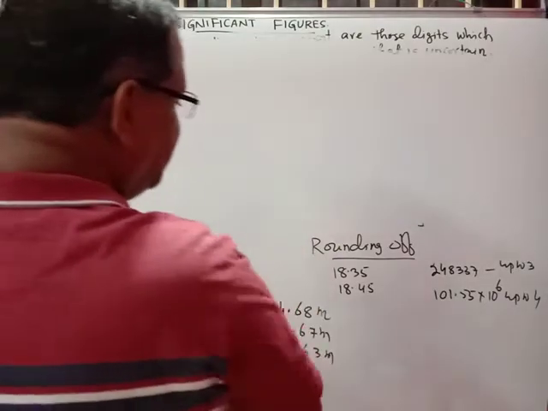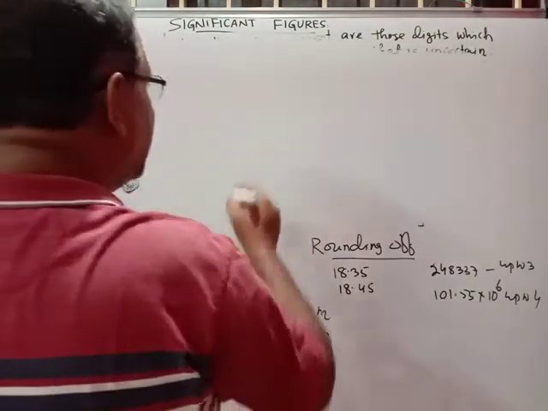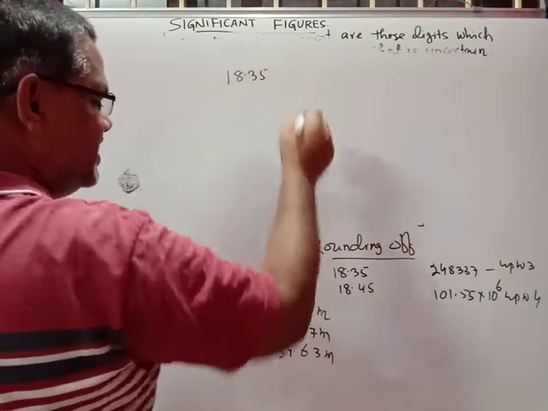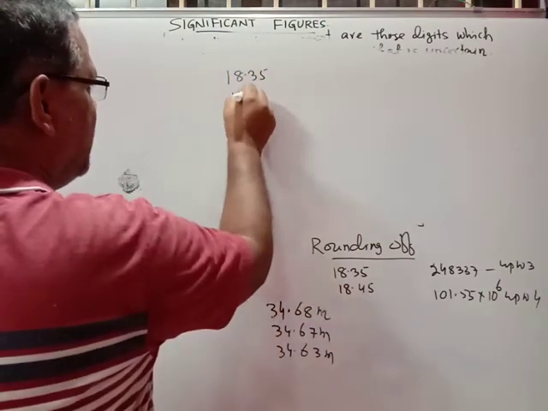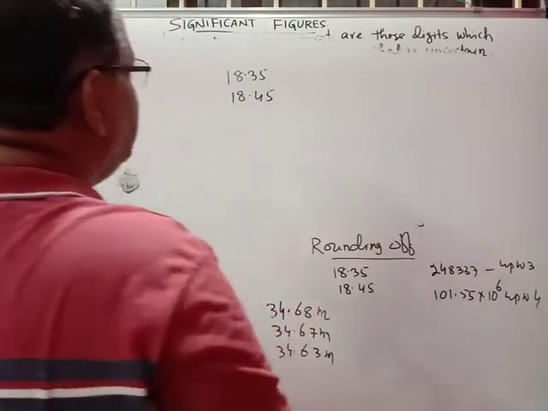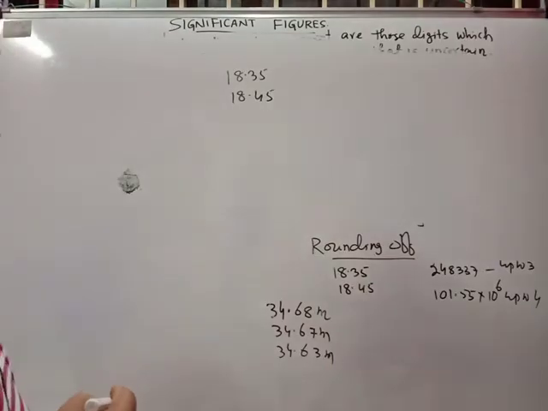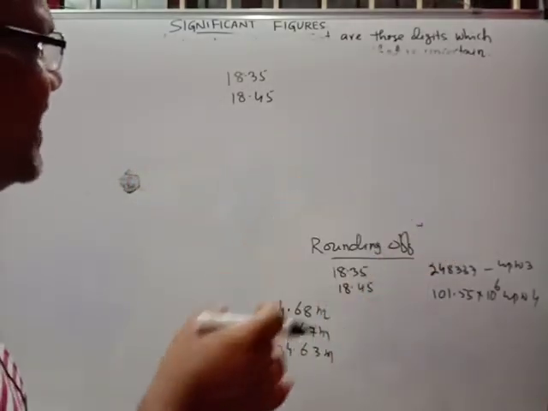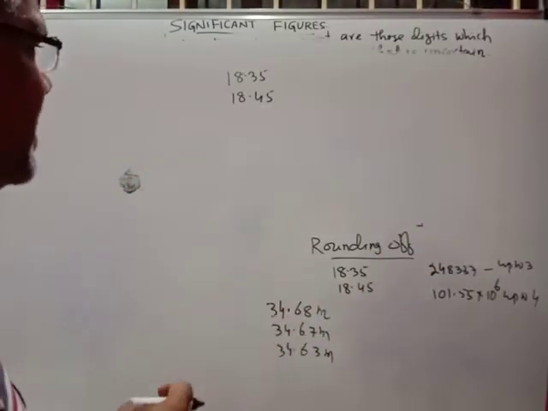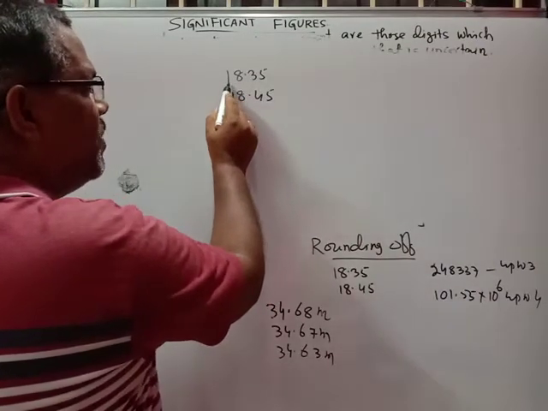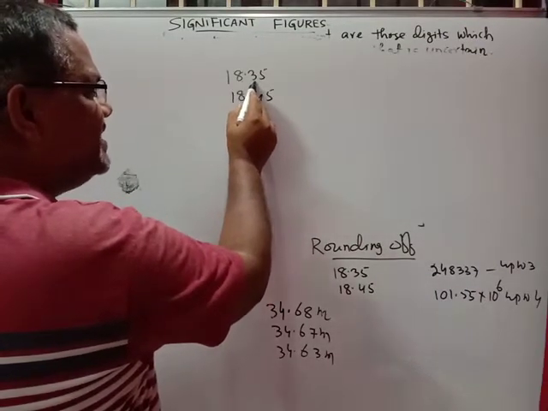Suppose, for example, I am talking about 18.35 or 18.45. We round this figure to 3 significant figures. Three significant figures means you look at the digits 1, 8 and 3.